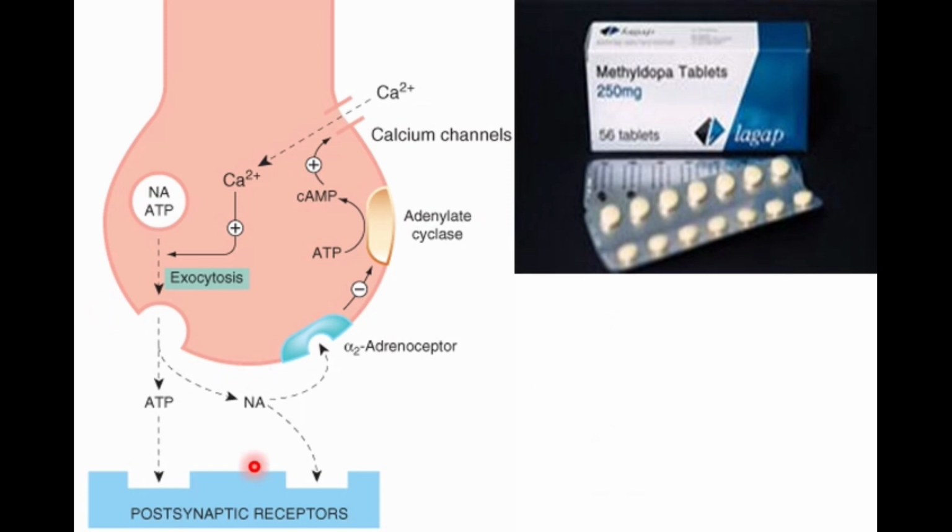Therefore, on arrival of an action potential, instead of noradrenaline, alpha-methylnoradrenaline is released. Alpha-methylnoradrenaline has similar potency to noradrenaline in evoking postsynaptic receptors.